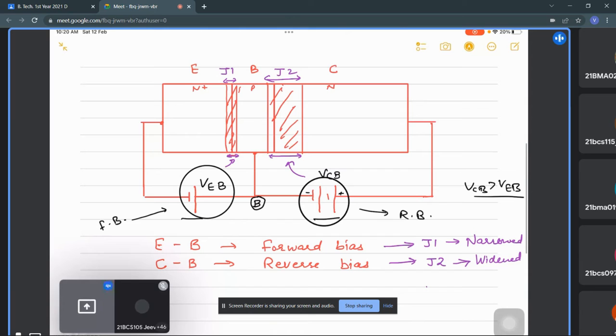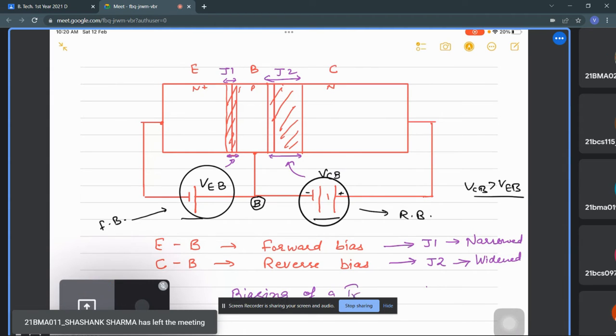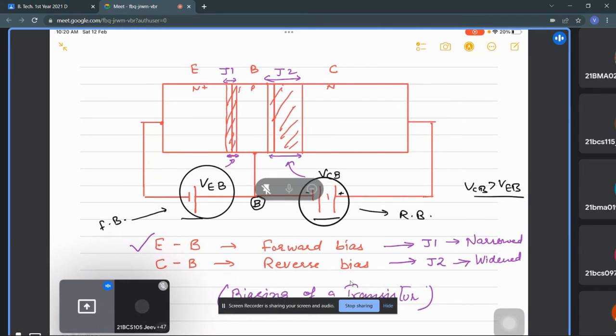Okay, now we have to understand its working actually. But how is it going to work now? This you can say is the biasing of a transistor, right? So we have four possibilities. We cannot make this emitter base junction reverse bias.